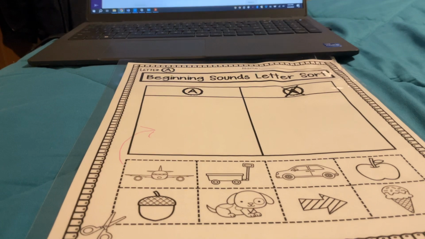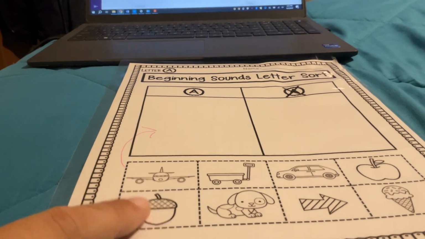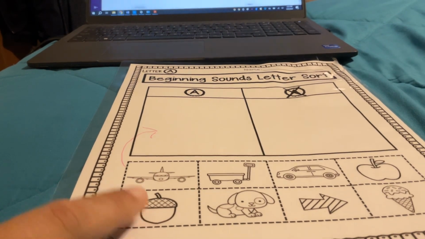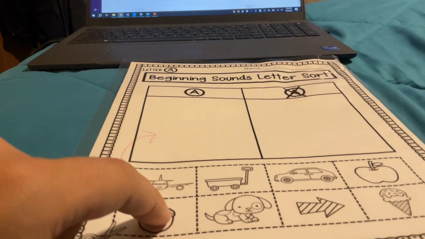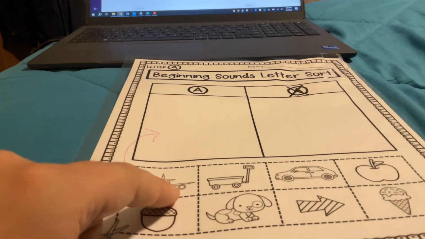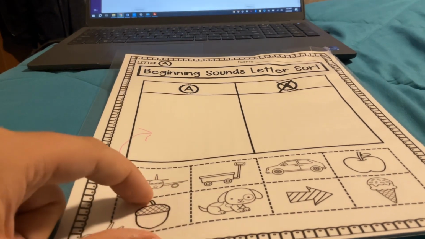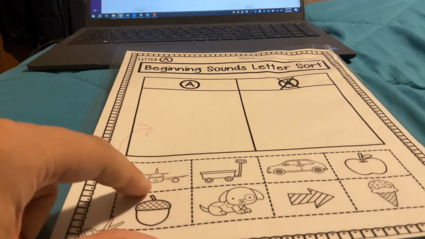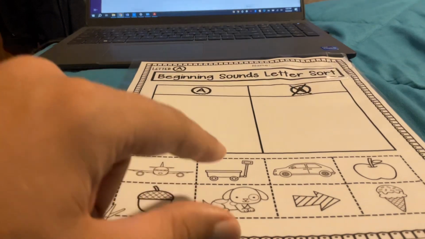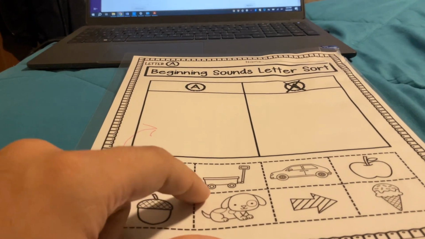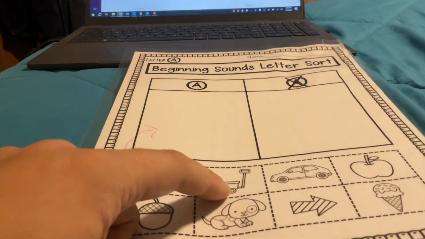And sometimes students don't even recognize the names of these because they haven't learned this yet. So you have to work with them and say, this is airplane, what category does this fall under? This is a wagon.